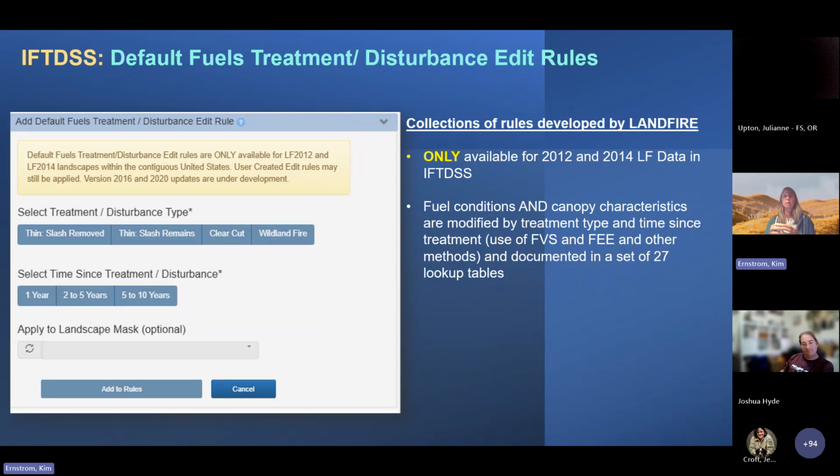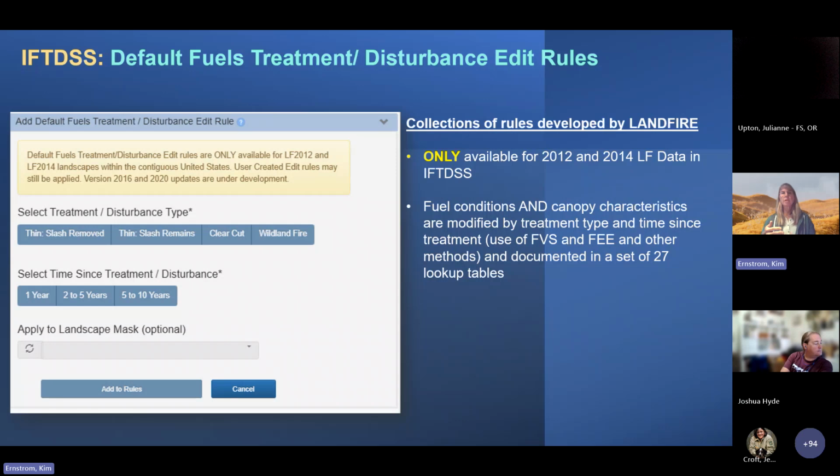And it would go and use a whole set of lookup tables that were developed by Landfire using FVS, Fire Vegetation Simulator, and some of the other tools that are out there. And it would adjust the canopy characteristics and the fuel models to reflect whatever treatment you picked.